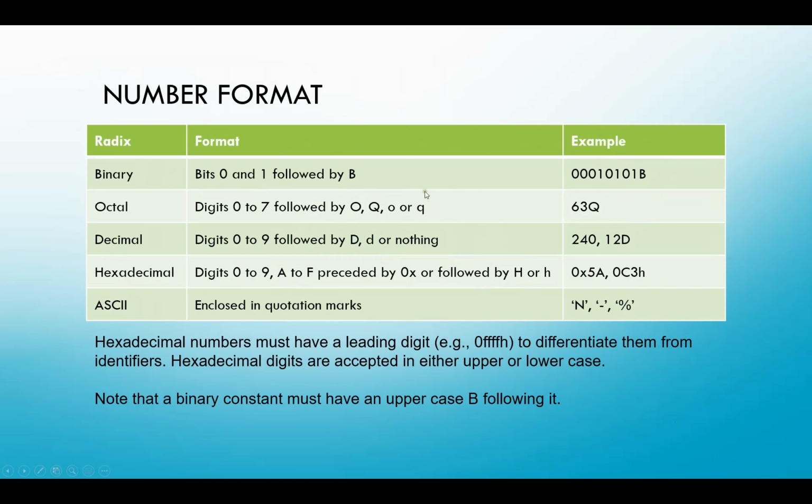For example, for binary numbers, we just have to write all the bits followed by capital B. For octal numbers, you have digits from 0 to 7 followed by O or Q, and for decimal numbers 0 to 9 followed by D, or if you don't write anything at the end, that will be considered as a decimal number. For hexadecimal numbers, 0x prefix or H at the end, and for ASCII numbers, the character should be enclosed in the quotation mark.